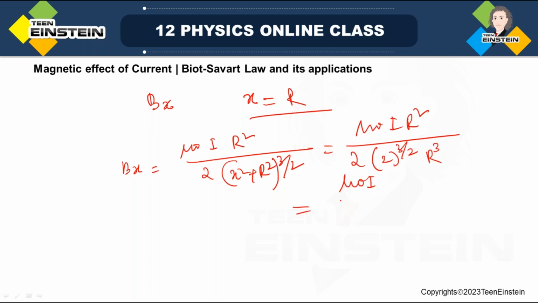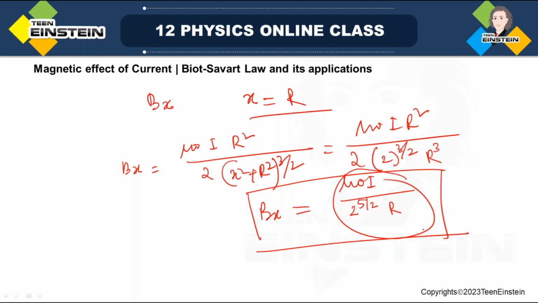So mu 0 I by 2 to the power 5 by 2 r. So this is the formula for a distance equal to the radius of the circular coil.